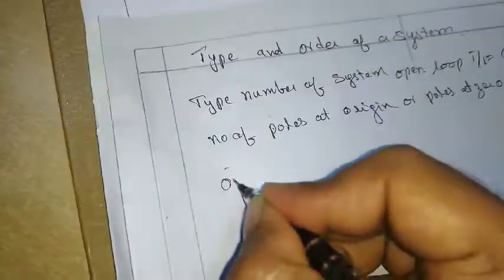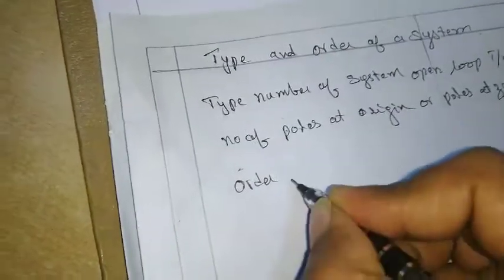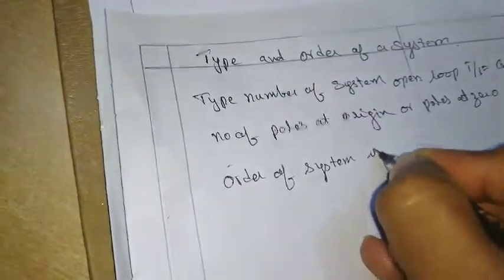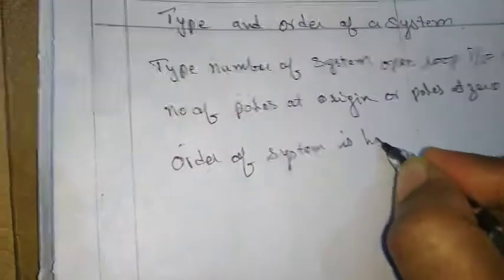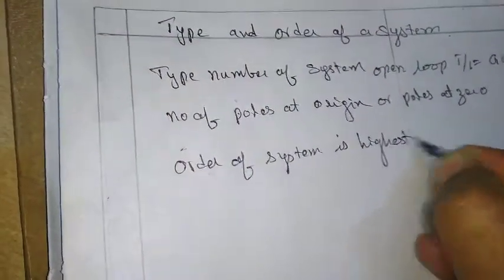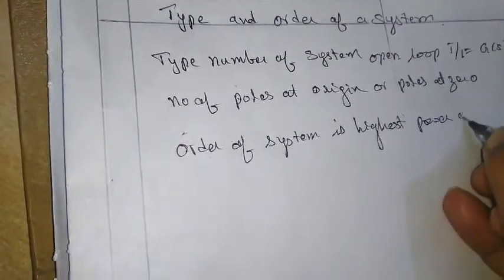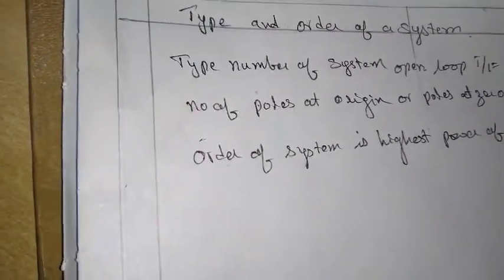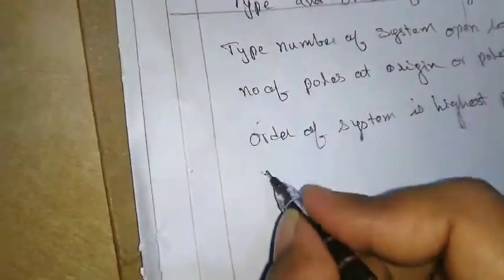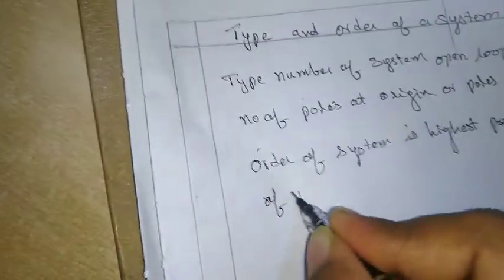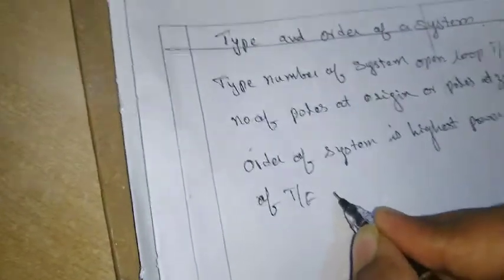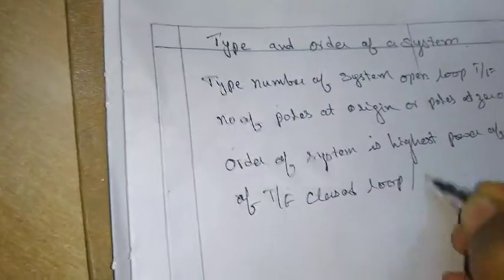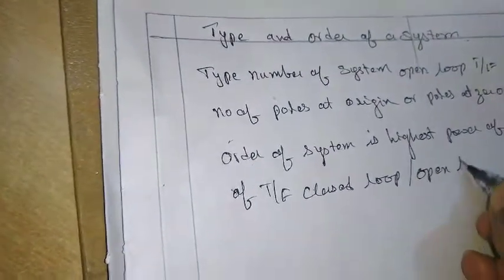Whereas order of a system is the highest power of the denominator of the transfer function, closed loop or open loop.